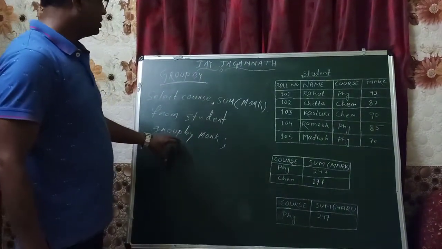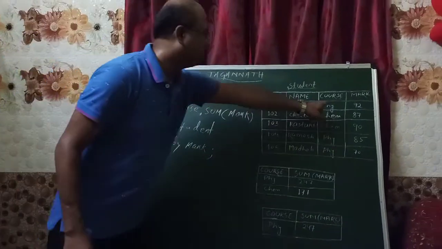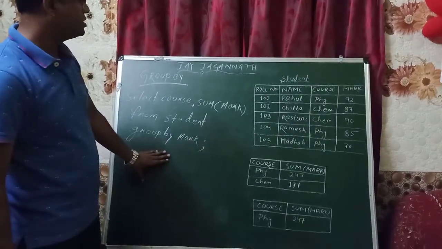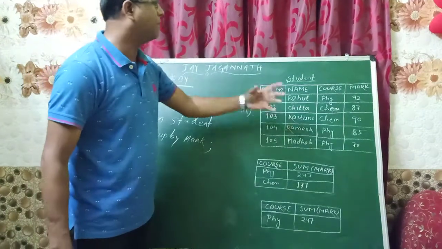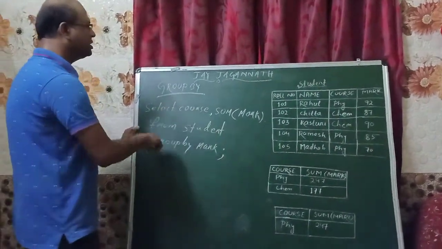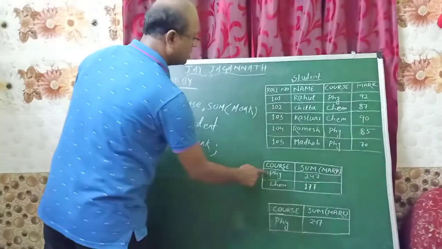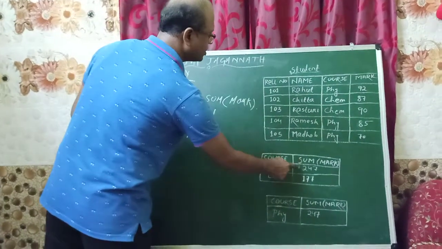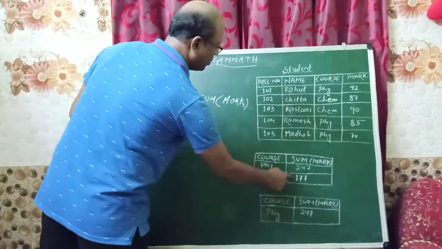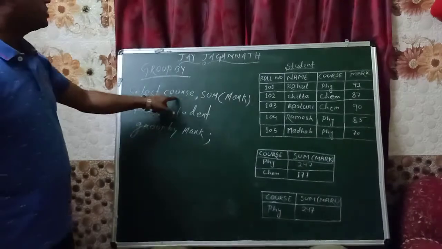We put the group by clause on a column, and our intention is to find out the summation of marks group wise, course wise. After executing this query, the result will be like this: course physics, and summation is 257, and chemistry the summation is 177.